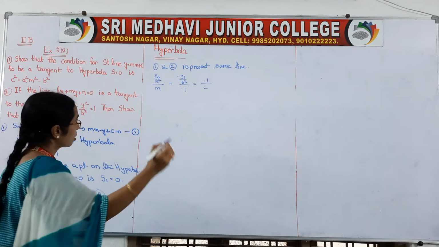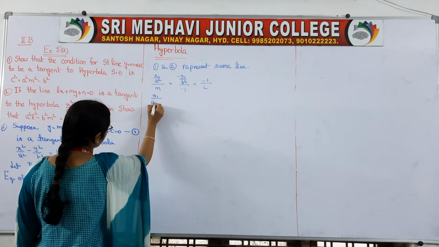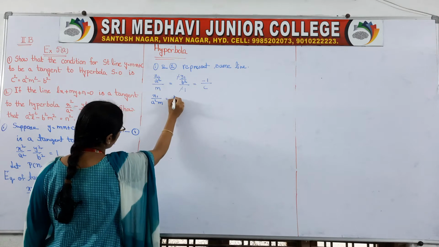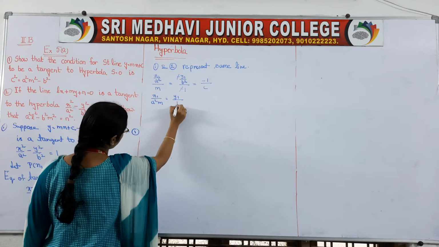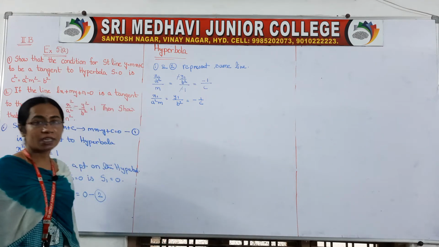Now we can write this as x1/(a²m) = -y1/b²·(-1) = -1/c, the minus signs cancelling.